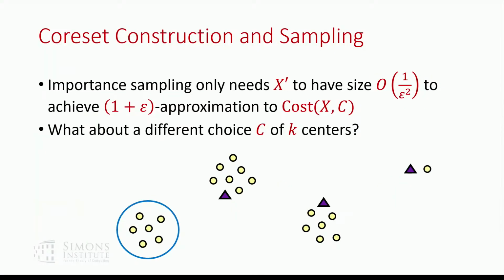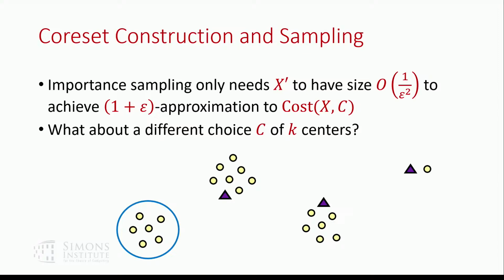Now, the problem is that we could have a different choice of k centers. So if we actually move this center from this original partition over here to this point right here, suddenly this point no longer looks important. And remember, for clustering, we actually want to do this for all possible sets of centers because we want to recover the optimal set of centers.